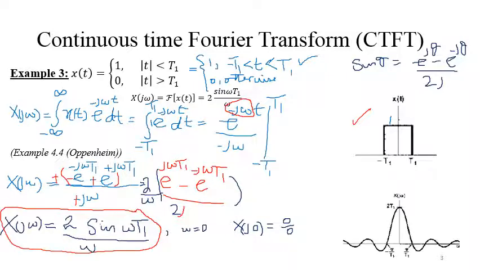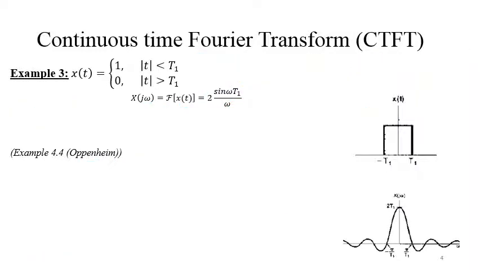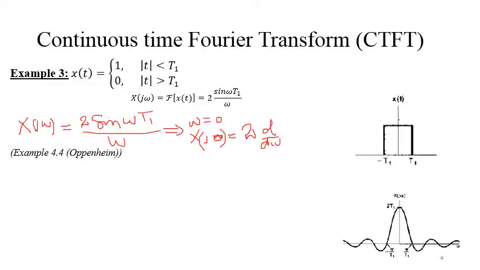Or if you want, I can write it here on maybe the next slide. So writing it here, for omega equals to 0, because we get the 0 upon 0 form, for such forms we use the L'Hopital rule.